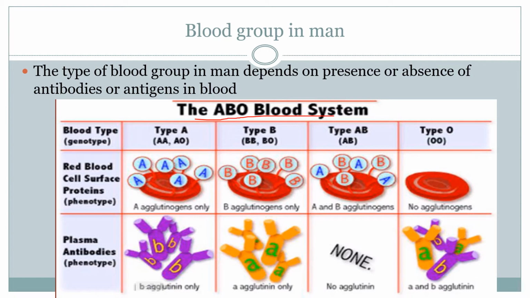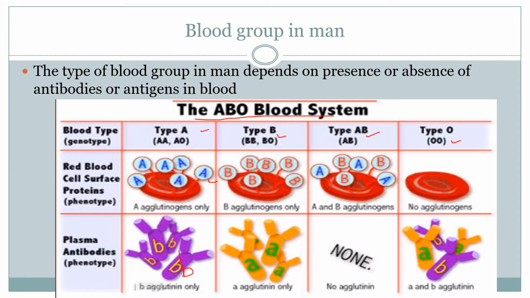Here this is type A, type B, type AB and type O. The person with type A blood group will have A antigens on the surface of RBC, and in their plasma there will be B antibodies.